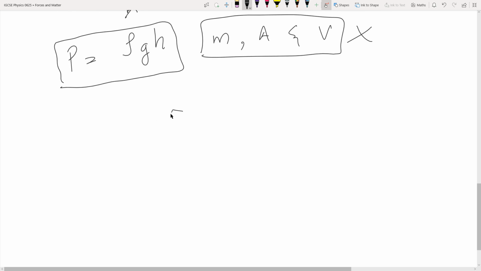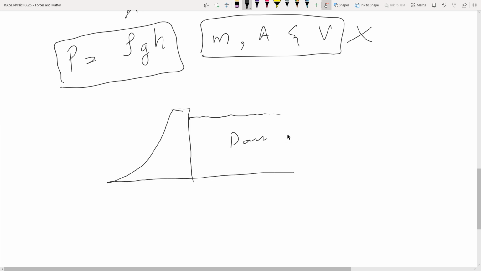Let's just say we have a dam wall. Why are dam walls made wider at the bottom? This is a water dam, and here's the dam. Why is this made wider at the bottom and very thin at the top? Because the greater the height, the more the pressure is going to be on this side. So I'm just going to remove this vertical arrow.